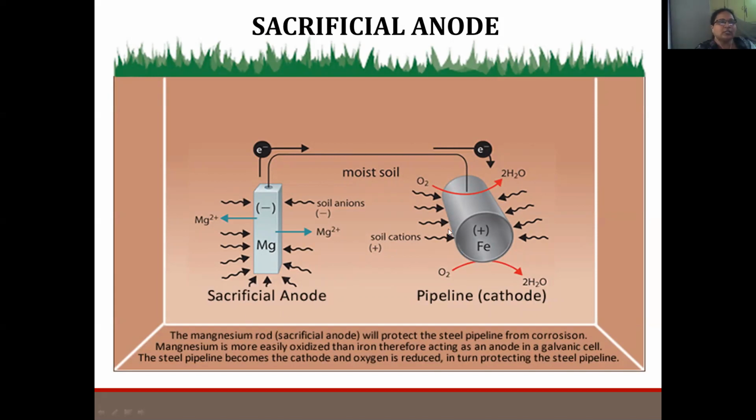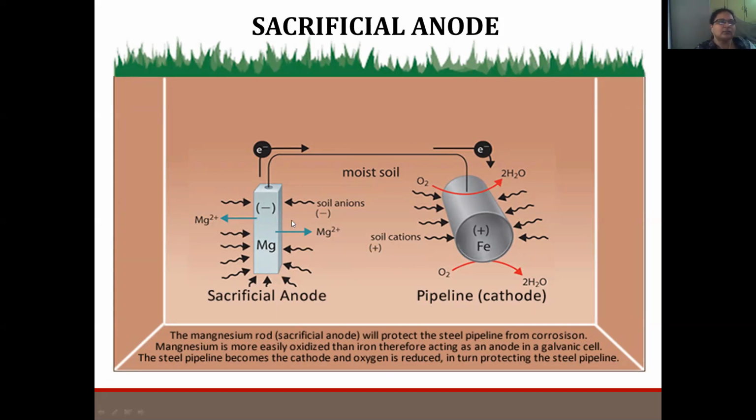So if we connect a more active anode to the metal, it undergoes corrosion rather than the base metal. Now iron is called the base metal, and this is the active metal. When a base metal is connected to a more active metal, the more active metal undergoes corrosion and the base metal gets protected.